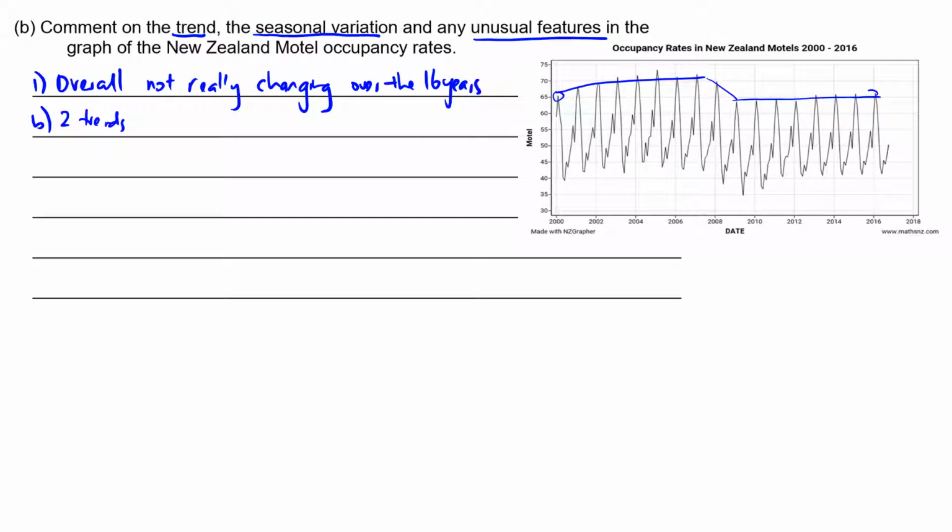Where it's sort of going 65 to 70 from 2000 to 2008, and then from 64% in 2009 through to 66 in 2016.